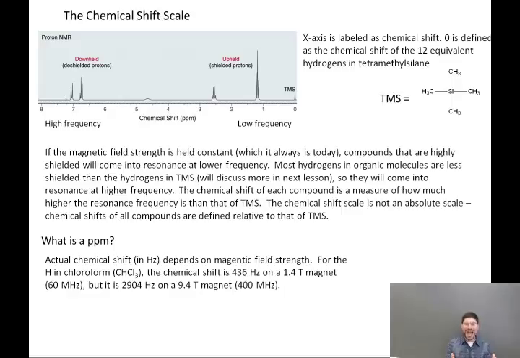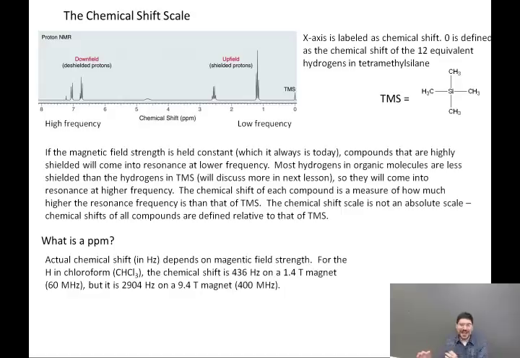So for the hydrogen atom in chloroform, CHCl3, if the magnetic field strength of your applied field is 1.4 Teslas, which would correspond to an operating frequency of 60 megahertz, the chloroform hydrogen is shifted by 436 hertz.